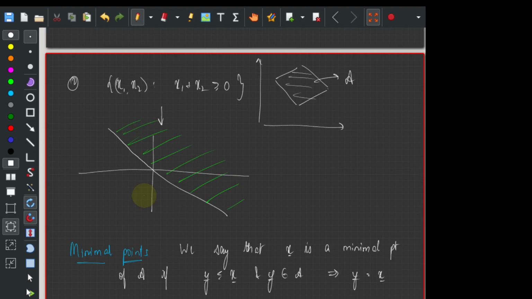Let's take the origin. Can you find any point in the set which is less than or equal to 0, 0? How many say yes? How many say no? If yes, can you find a point which is less than or equal to 0, 0 within this set?